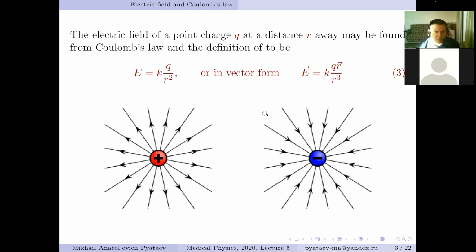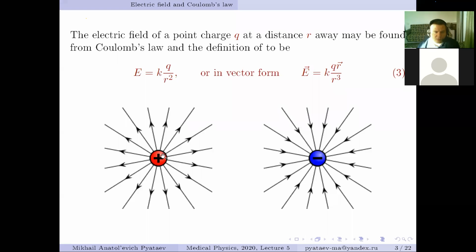But before this, let us consider the space distribution of the electric field produced by a point charge Q. According to Coulomb's law, this electric field is inversely proportional to the distance from the charge and is given by equation 3, or by the same equation in vector form.